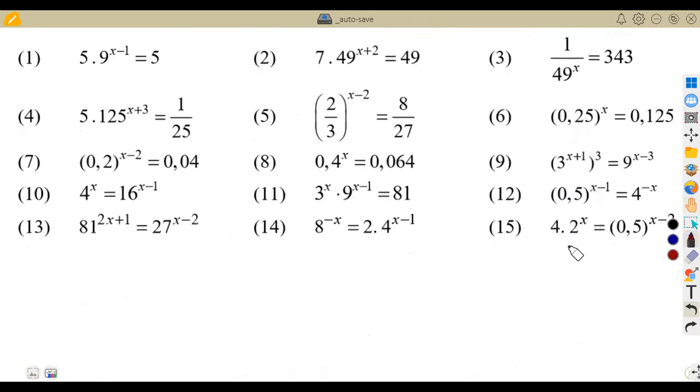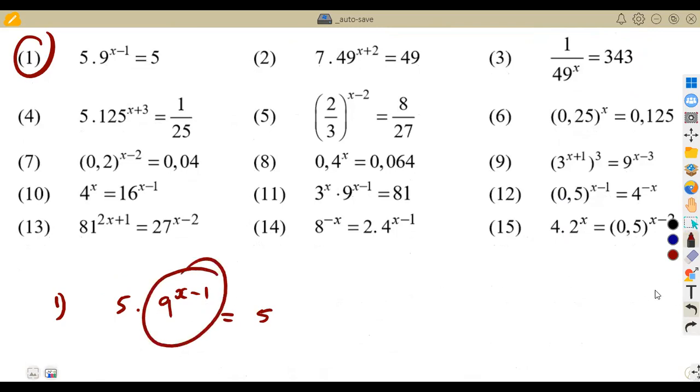Okay, let's consider the first question. We are given 5 multiplied by 9 to the exponent of x minus 1 is equal to 5, like this. And we want to solve for x. Let's consider that this 5 is multiplying and has got nothing to do with the part that has got x.